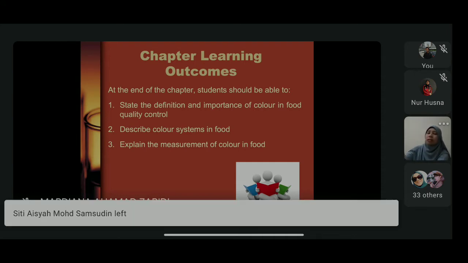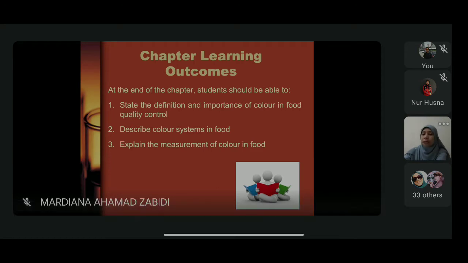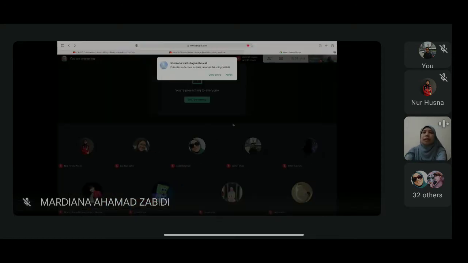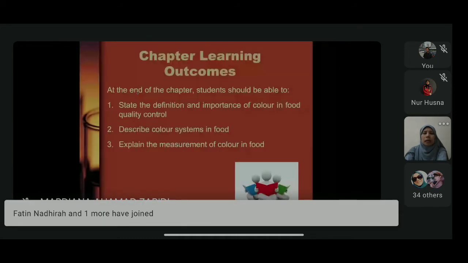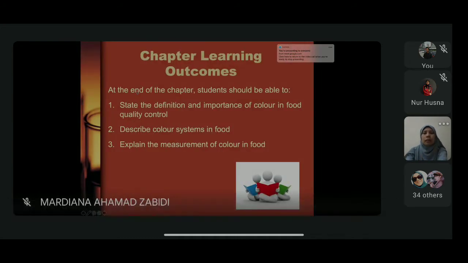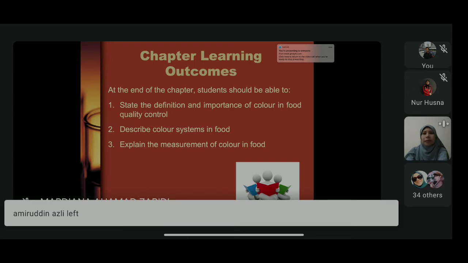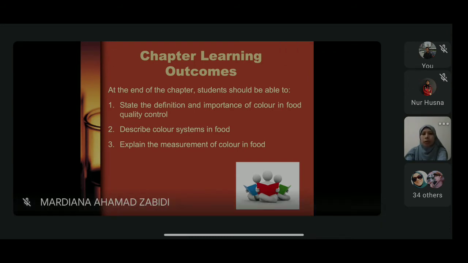So it's just a matter of general information. Because if, let's say, later you are going to work in the oil industry, for example the palm oil industry, you are going to need to use one more color system. Okay, and then explain the measurement of color in food.